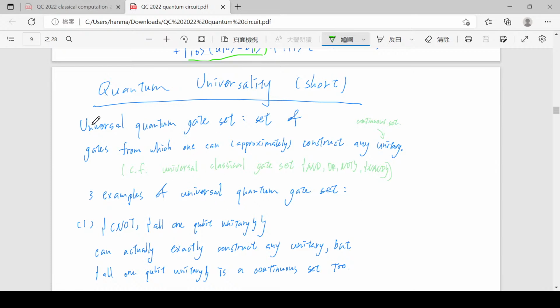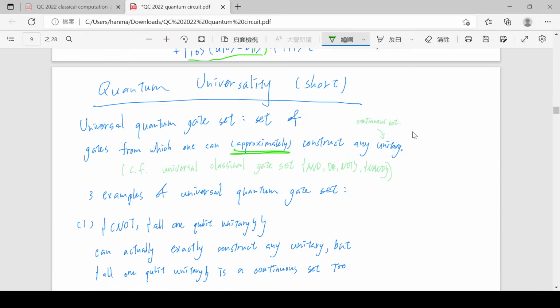And so a similar idea is quantum universality, but it's a bit trickier here, okay? Because a universal quantum gate set is a set of quantum gates from which you can construct any unitary. But now there is a weird thing of approximately here, okay?